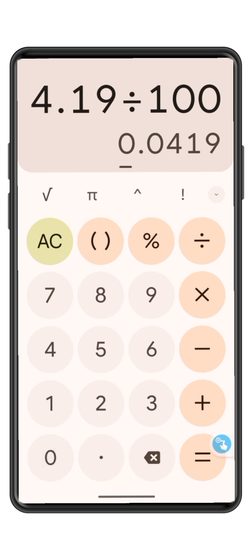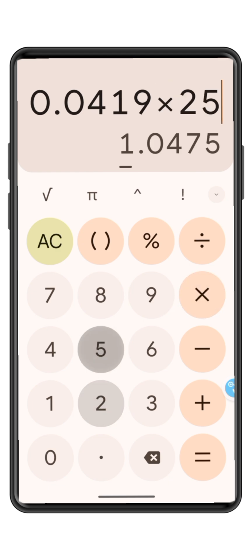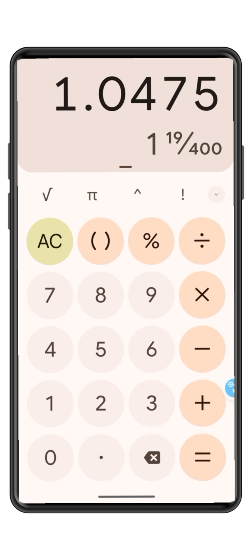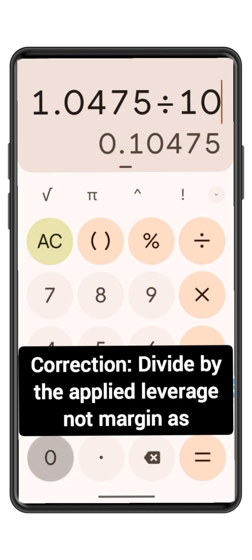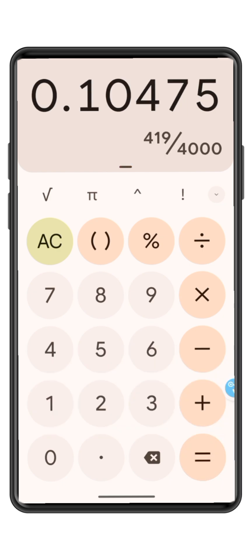So this is what it means, 0.0419. So 4.19% multiplies my position size. Remember, my position size is 25. That's going to give me this. All right, so if I divide this by the applied margin, that is going to give me 0.1. So this is why I am losing 0.1.